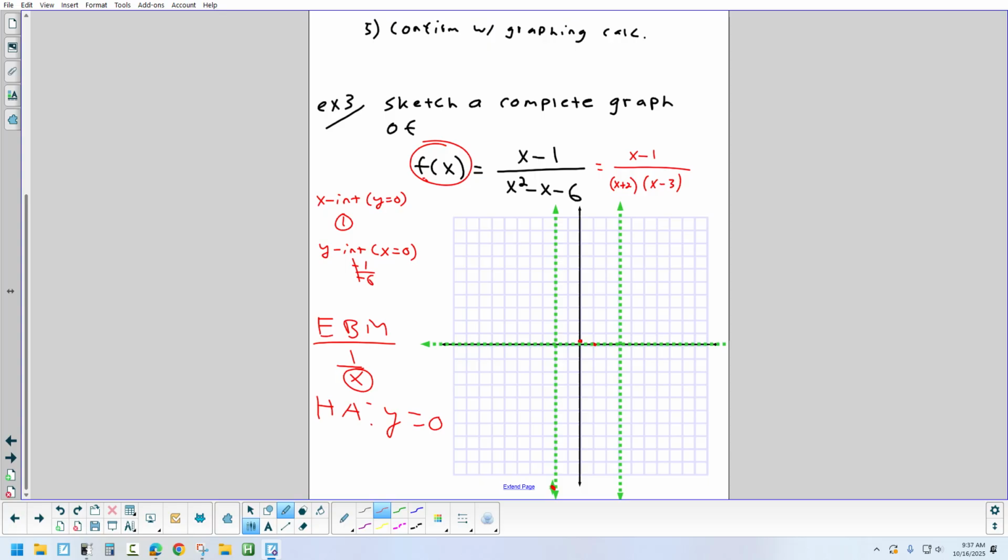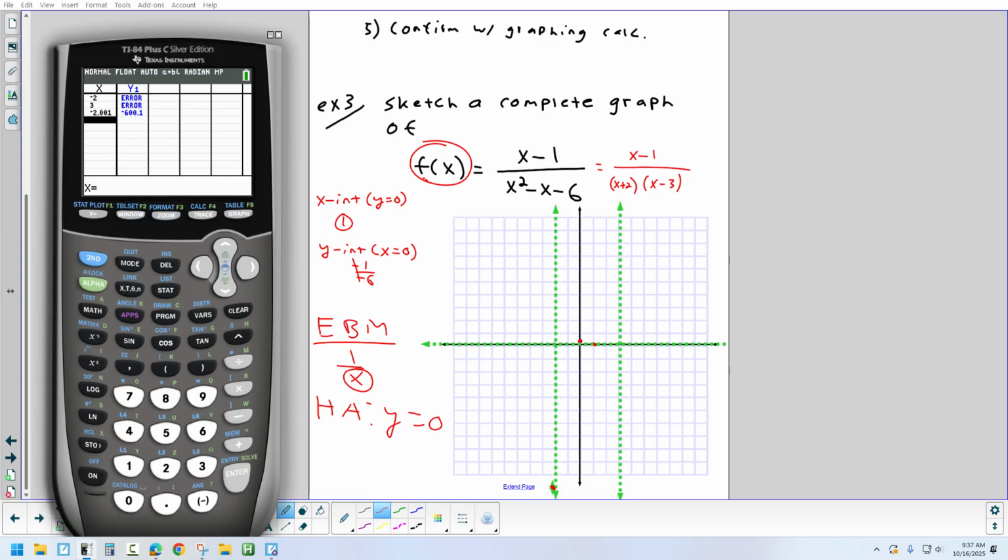Now, usually it's the opposite, but let's check the behavior on the other side. What's a number that's a little bigger than -2? Yep, -1.99. And if we type that in, we're way up at +600. So that's the other side of my asymptote.